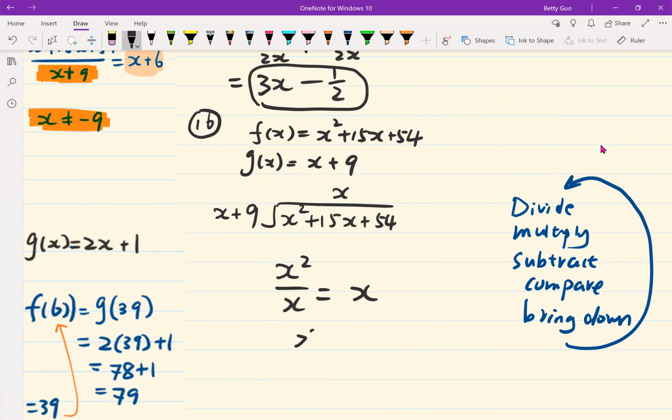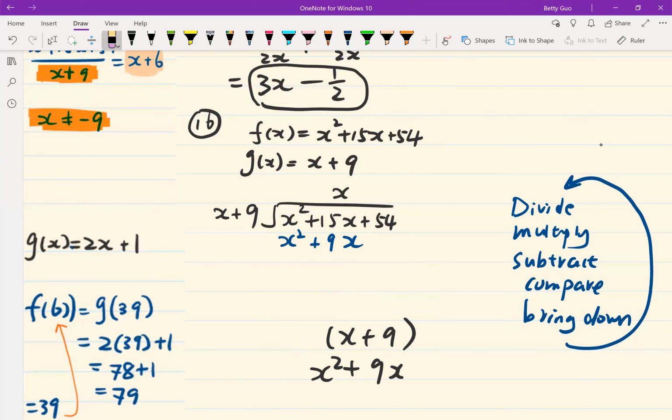And we multiply the quotient x by the divisor. Distribute x times x, x squared, x times 9, 9x. We write the product right below the dividend, x squared plus 9x.